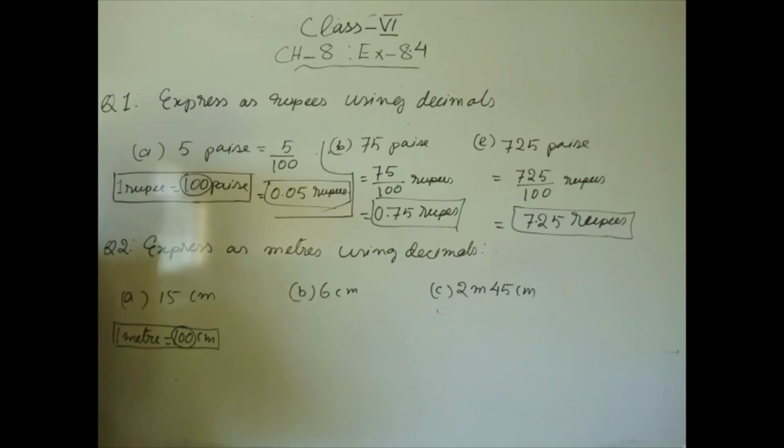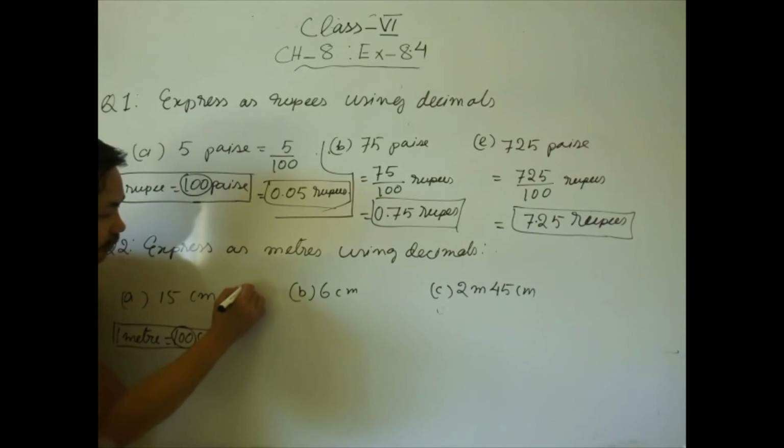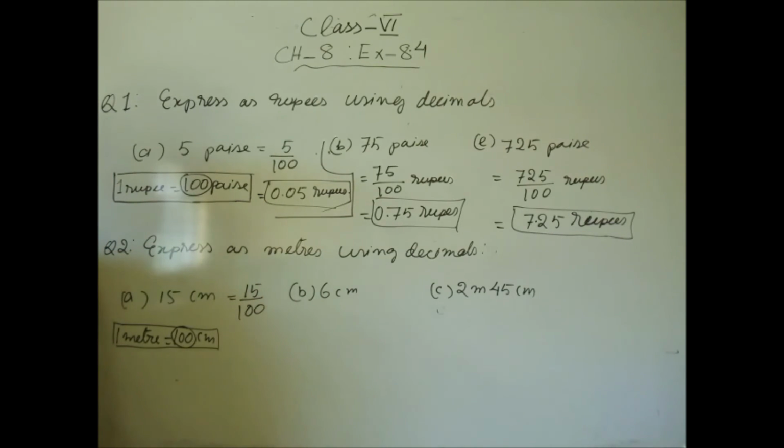But first of all, what you have to know is that a smaller value converting into a bigger value, we are going to divide. Divide the number by which value? This 100, the number of centimeters in 1 meter. So this 15 is going to be divided by 100 now.